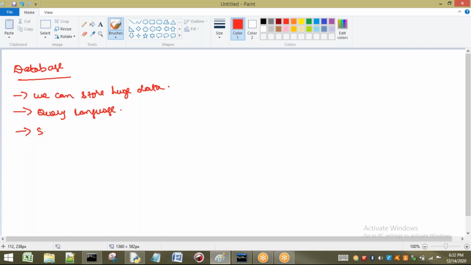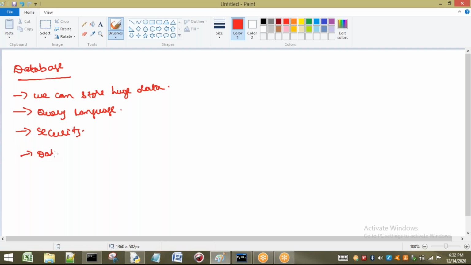Next, security is very high. Security is there if you store the data in our databases. If you store the data in files, it may be any type of file. There the data is generally stored in a structured, unstructured or semi-structured form. But in our database, data is organized.